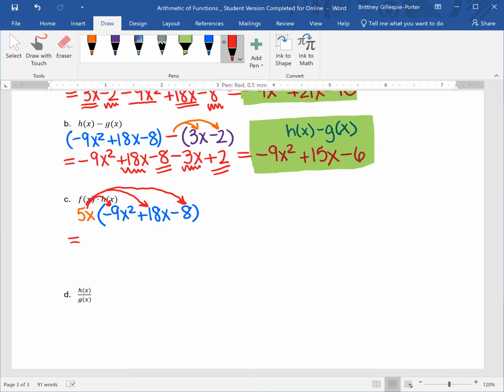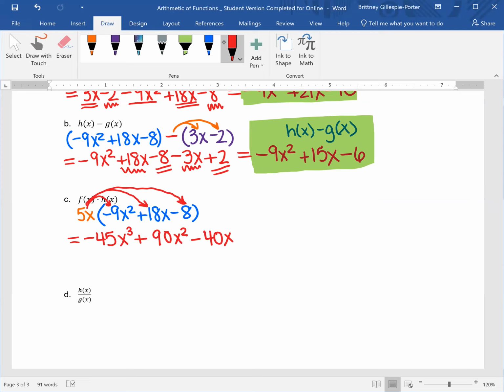5 times -9 gets me -45. Next times x squared gets me x cubed. Plus, because I have a positive 5x and a positive 18, let's see, 18 times 5 gets us 90, and we have x squared from x times x. And then 5 times 8 gets us -40 with our x.